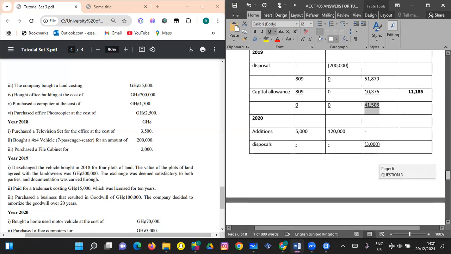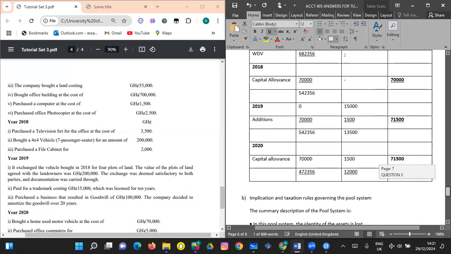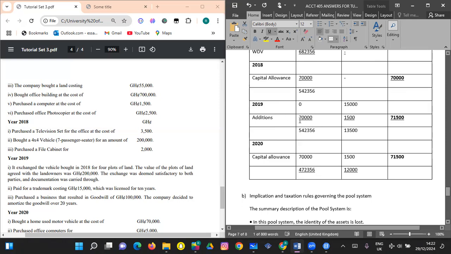Now, we paid for a trademark in the year 2019. So here, our building is here, 2019. So in 2019, what happened was that our capital allowance is still to be calculated on the cost, which is 10% times the 700,000.